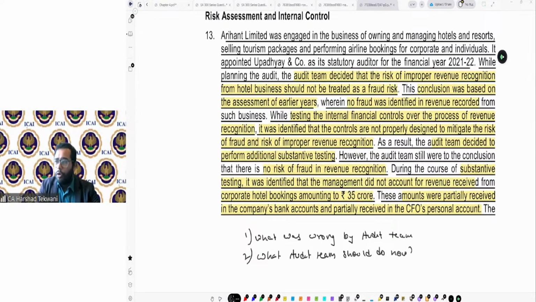What wrong was done by the audit team? Now, what should they do now? If you can answer these two questions, trust me, you will be able to provide the whole answer that is required.